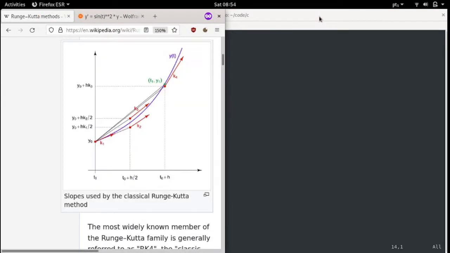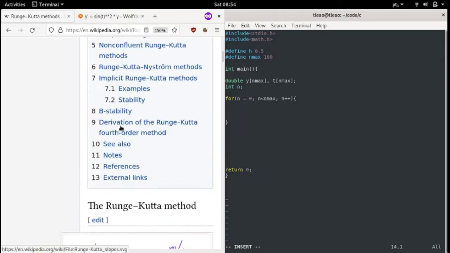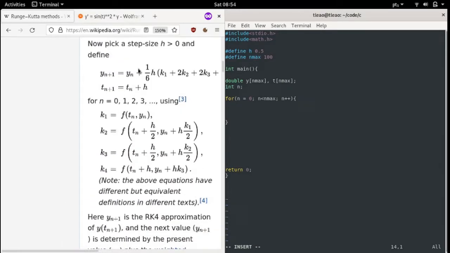Let me just split this here so it makes it easier for us to work on that. Okay, so just write this function here. We're going to have a function y n plus 1, the plus 1 iteration here, equals y n plus 1.0 over 6.